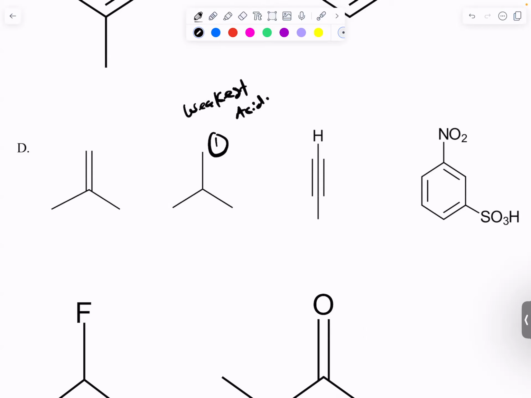You technically could move the double bond. Yeah, you could move it down that way, and that would give you a positive and a negative. And I guess you could do it the other way as well.